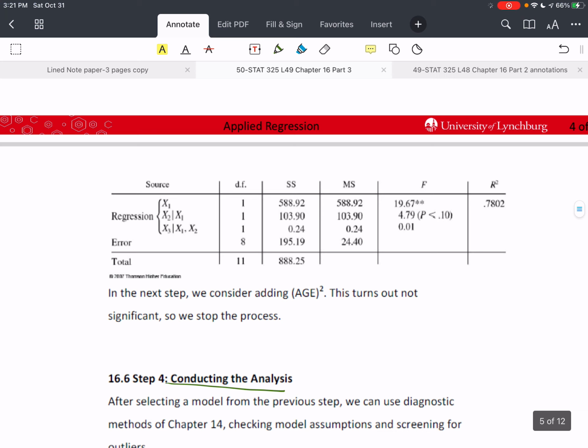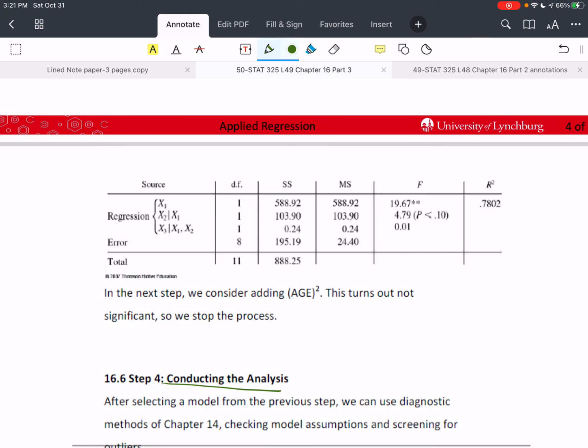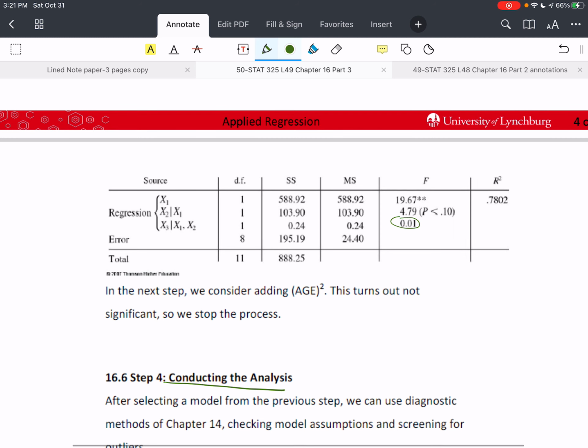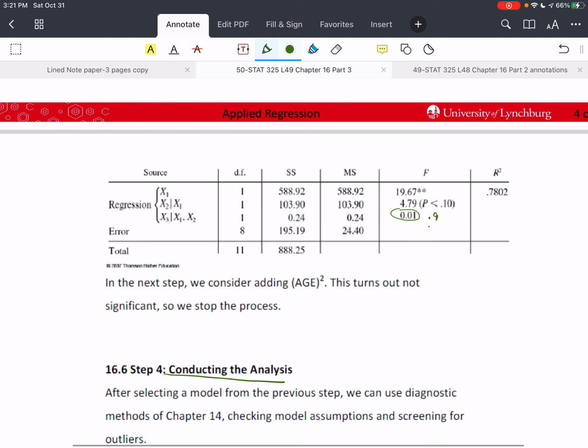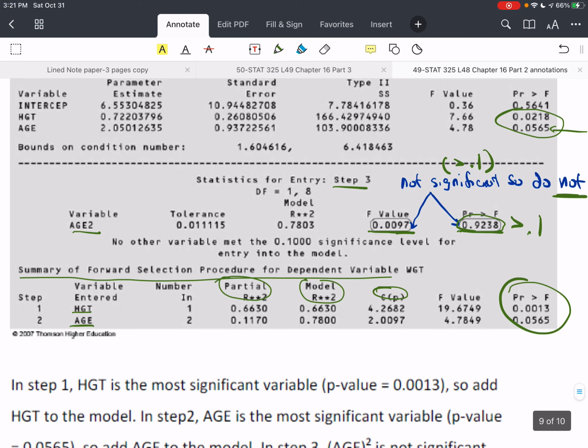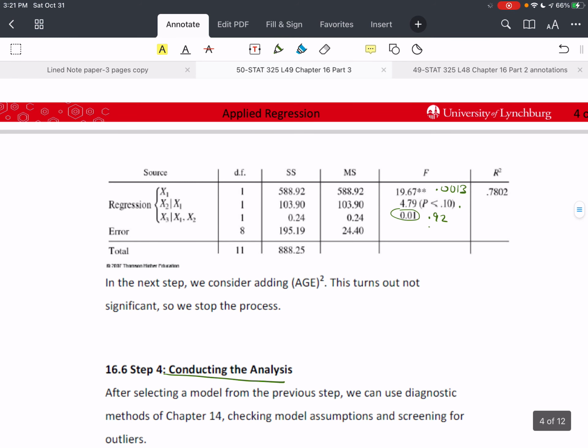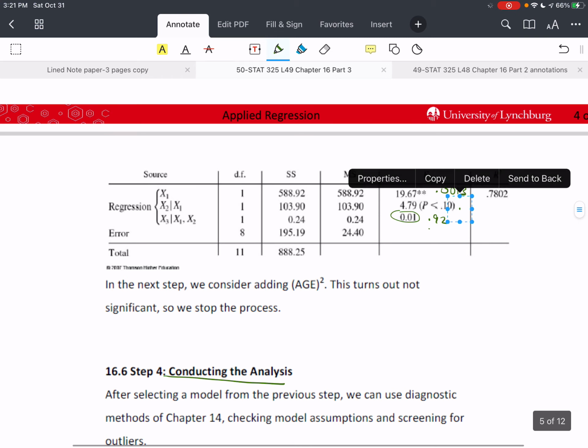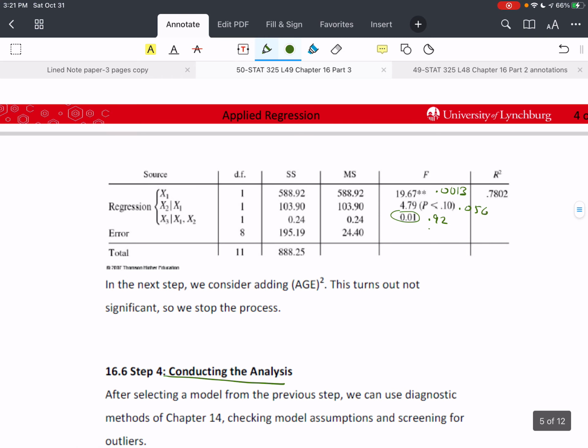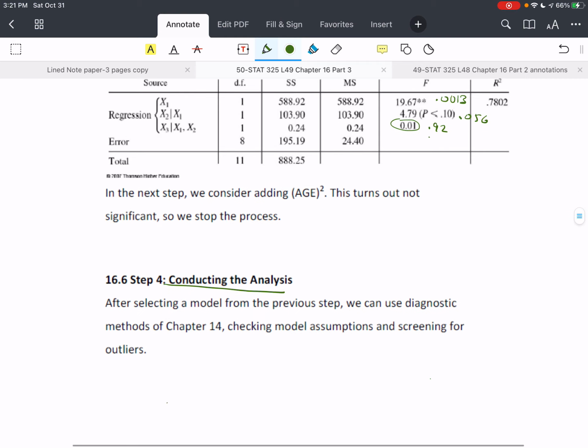And they've repeated it here, but just adding x3, the f value here, but not the p-value, which was 0.92. Okay. So this has a 0.0013 now, and this has a, now I've forgotten, 0.056. Yep. So they're definitely below the 0.15 cutoff.